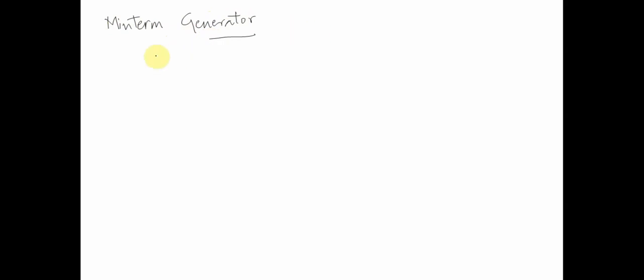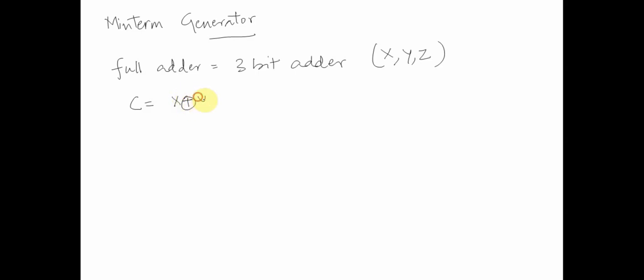We have already discussed the full adder, which is nothing but a 3-bit adder. Let's assume our 3 bits are X, Y, and Z. We already saw that carry was XY or YZ or XZ.